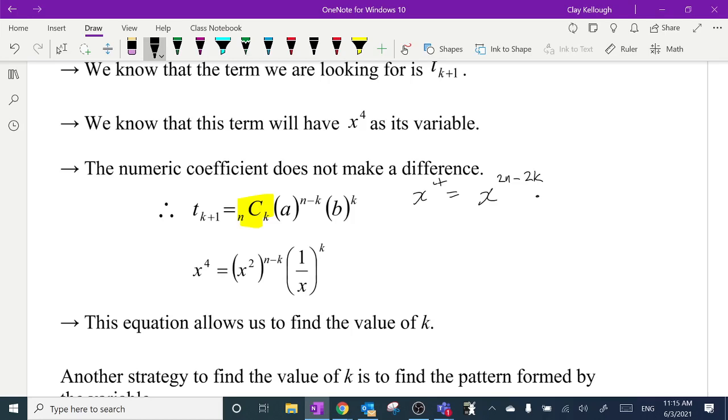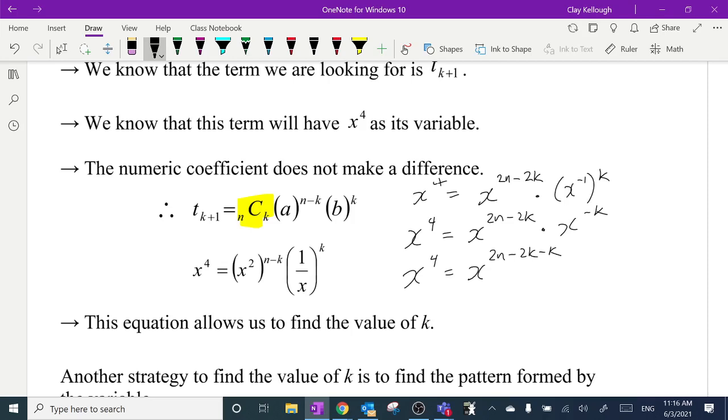And while I'm at it, how about I change 1 over x to x to the negative 1? I've already kind of simplified this one, but this one now I can simplify to that. And what do you do in exponents when you're multiplying two powers that have the same base? You add the exponents. Is this looking familiar? This is just like what we did in chapter 7. So that's 2n minus 2k add negative k.